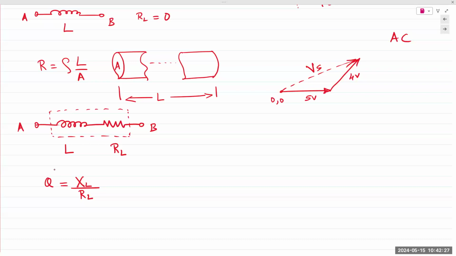That's it. For an ideal inductor, RL is equal to 0. Hence, the quality of an ideal inductor is infinite. In real life, high quality inductors typically have RL less than 5 ohms.